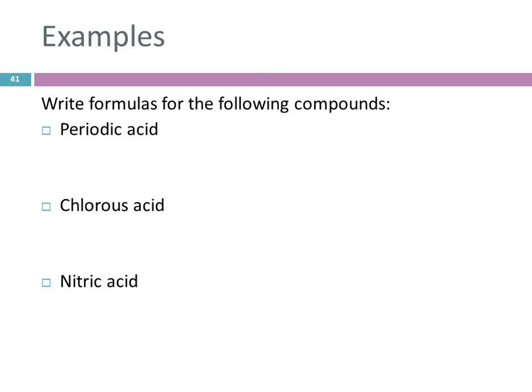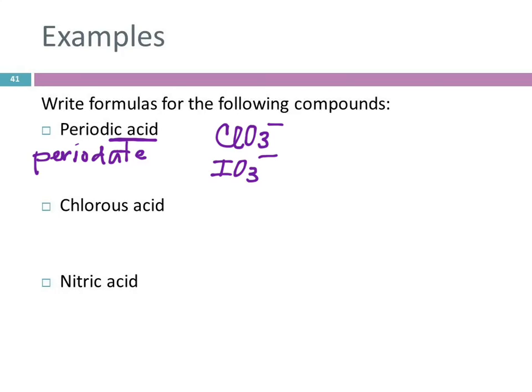Follow the pattern. Ic acid. We change ic to ate. So we just copy this down even though it looks really weird, and then we're like, oh, that's per-iodate. Well, I remember what chlorate is because Mrs. K said I had to memorize that. That's chlorate. This must be iodate.